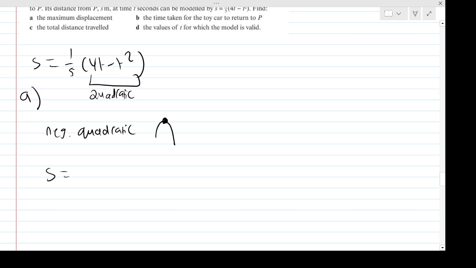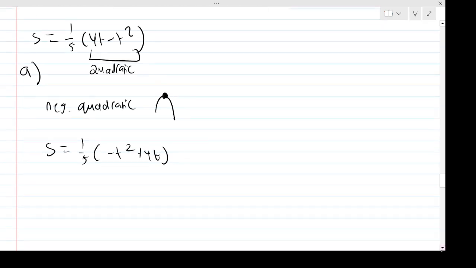So S is a fifth of 4t minus t squared, or I'm going to say minus t squared plus 4t. Switch it around, okay? And then I can just leave the fifth where it is, and complete the square inside the bracket here. So actually, I should factor a negative out, right? So negative a fifth of t squared minus 4t. Then I can complete the square.